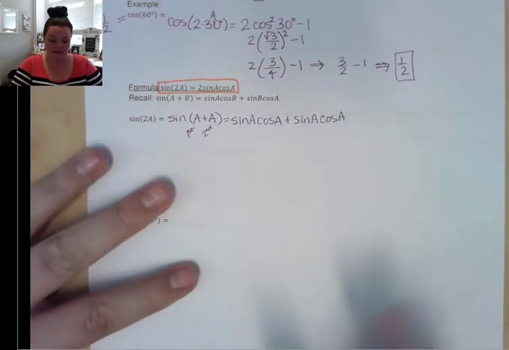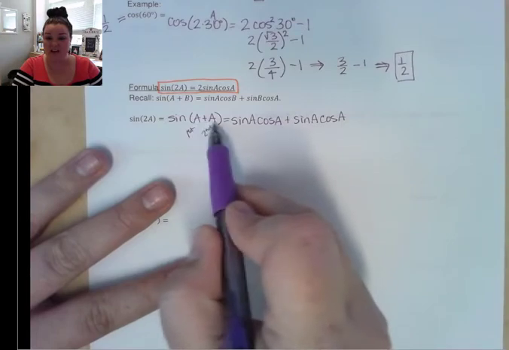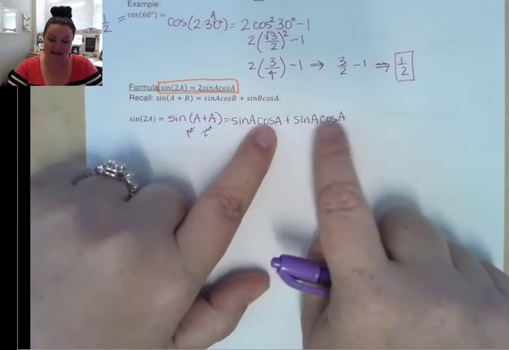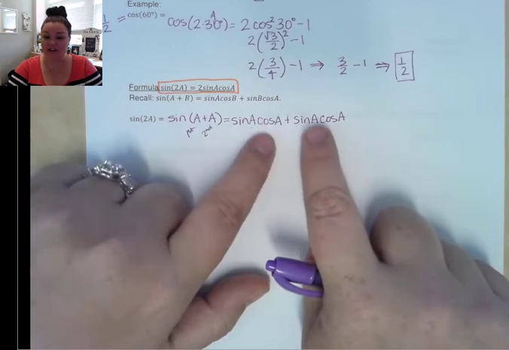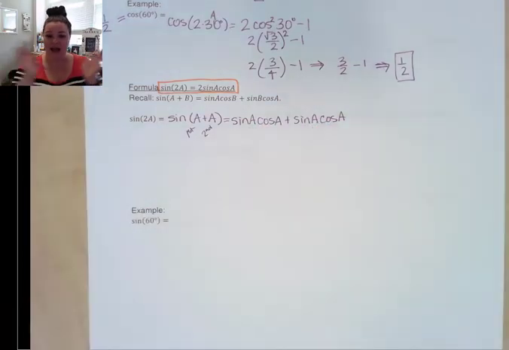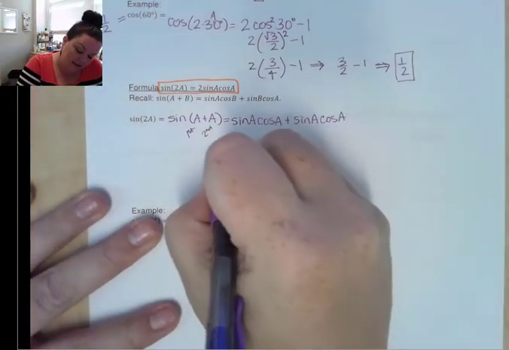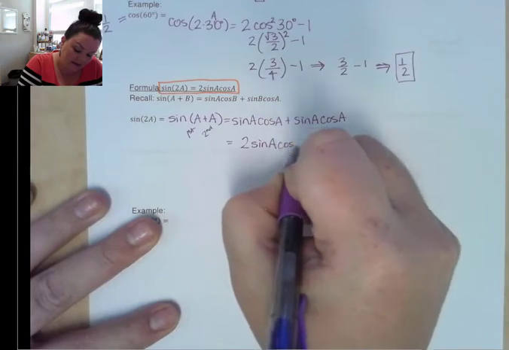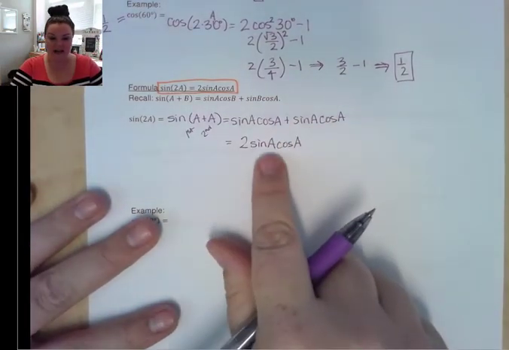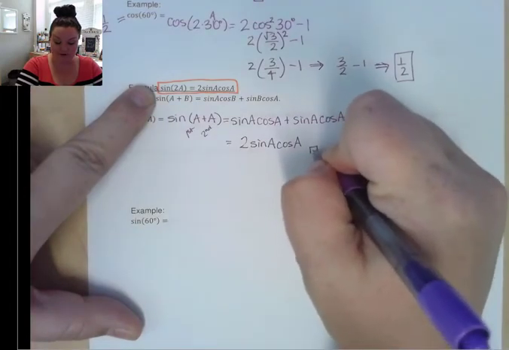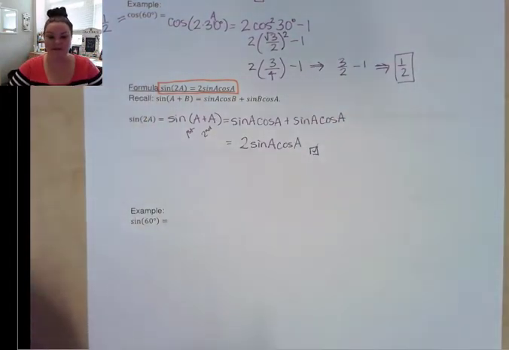And if you notice here, because both of my angles are the same thing, what I end up with is sine a cosine a plus sine a cosine a. So these two are actually like terms, and when I have like terms, I can add them together. So this is the same thing as saying 2 sine a cosine a. And that's exactly what I was proving for this formula. So we have in fact proven it.